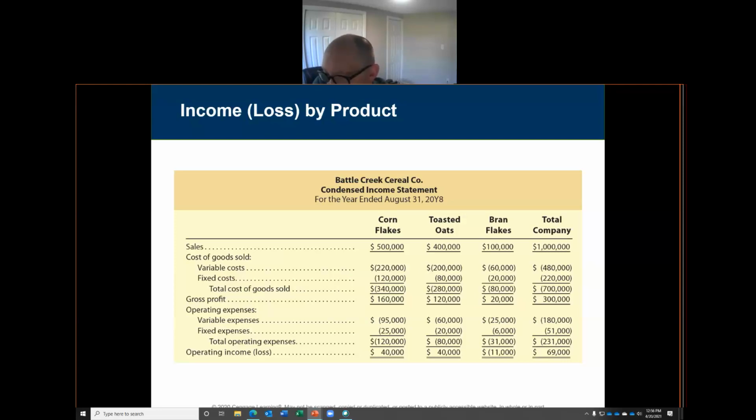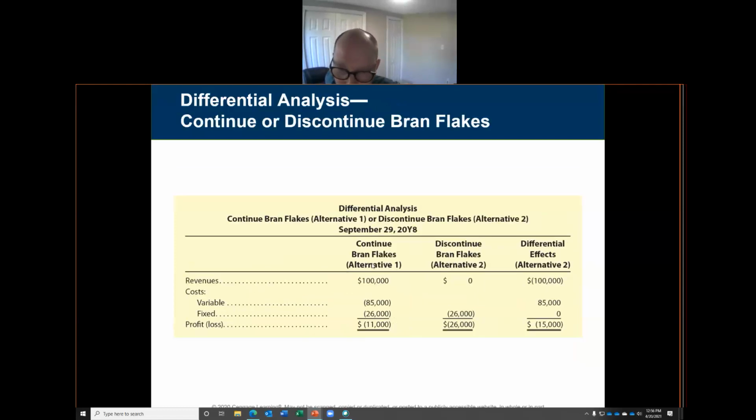Fixed costs and expenses will continue regardless of the level of output. Fixed costs remain regardless of the level of output. They remain the same. So what that tells me is I'm still going to have fixed costs.